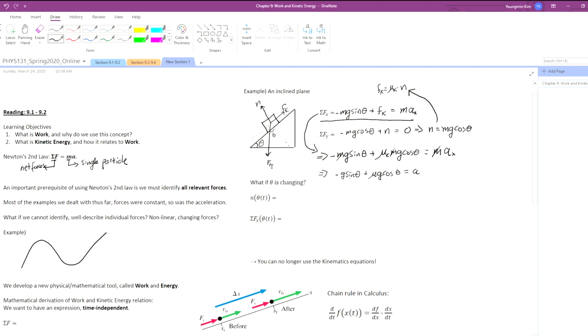And once we have the acceleration, now take a look at here. We're assuming that the angle theta is constant. So this is a constant, g is a constant, mu is a constant. So everything on the left-hand side is basically numbers, constant. Hence, the acceleration also must be constant.